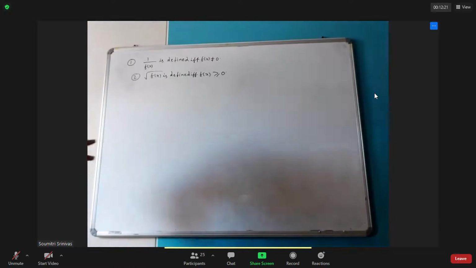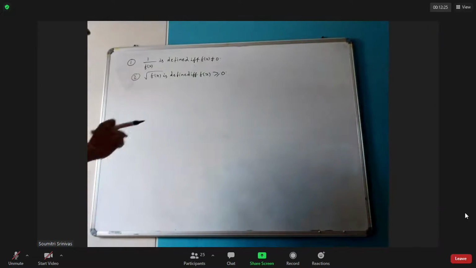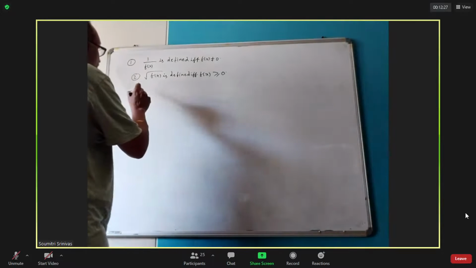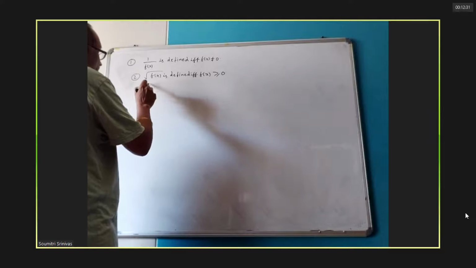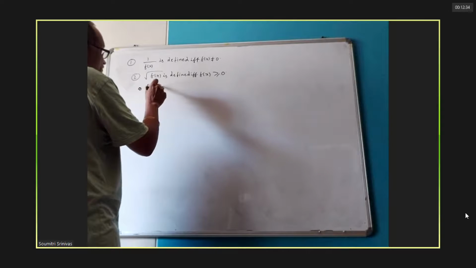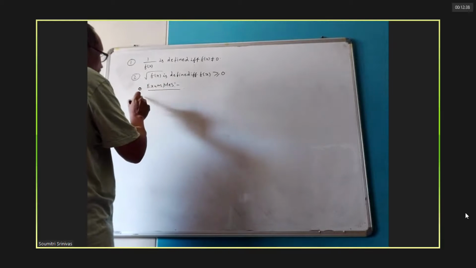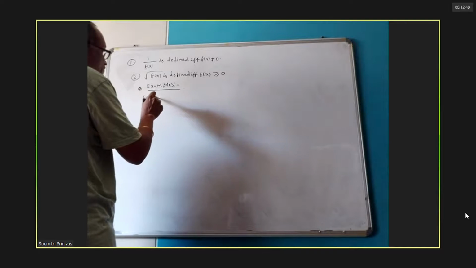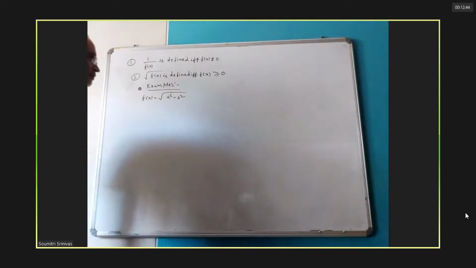इसके दो एग्जाम्पल करा मैं. Yes, sir. थर्ड, फोर्थ एग्जाम्पल्स देखो. Examples: f of x is equal to under root of a square minus x square.